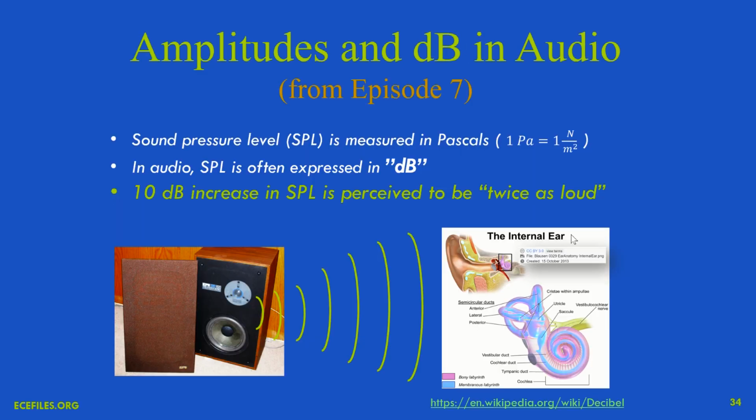We need to remember this from episode 7. Sound pressure level is measured in pascals, but it's often quoted in dB. And more importantly, a 10 dB increase in level is perceived to be twice as loud. So that's important.